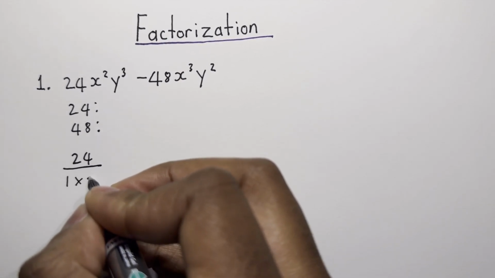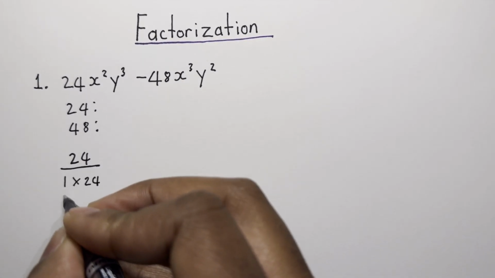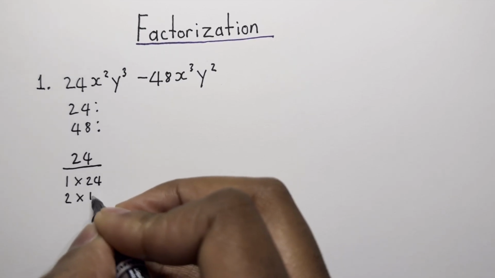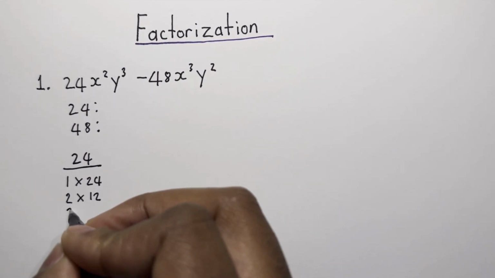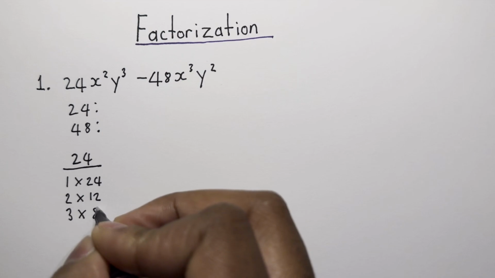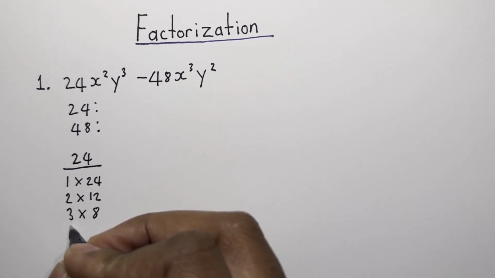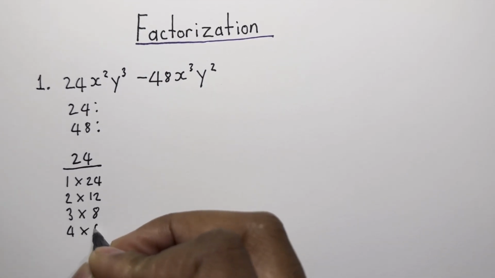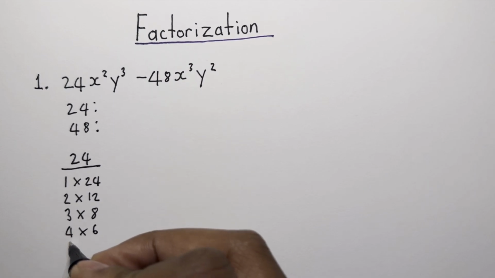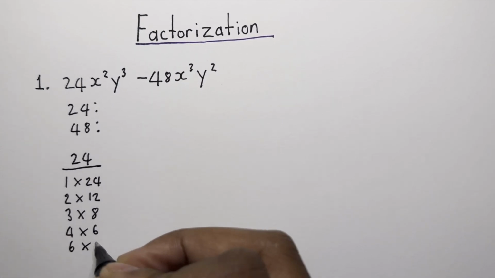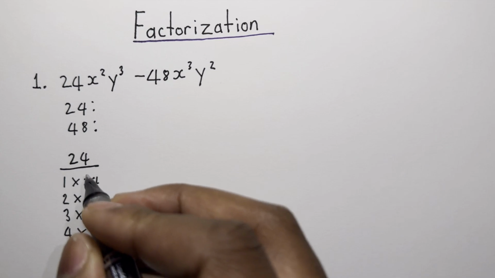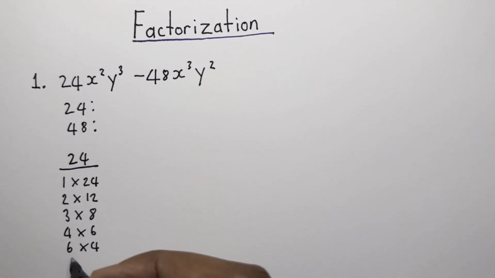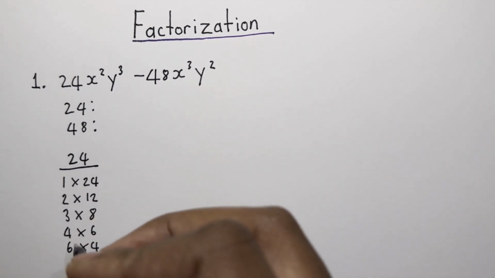1 times 24 is 24. 2 times 12 is 24. 3 times 8 is 24. 4 times 6 is 24. 6 times 4 is 24. And we always stop when the factors repeat themselves.